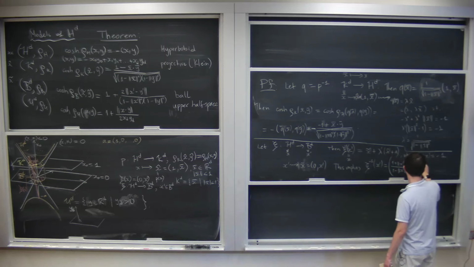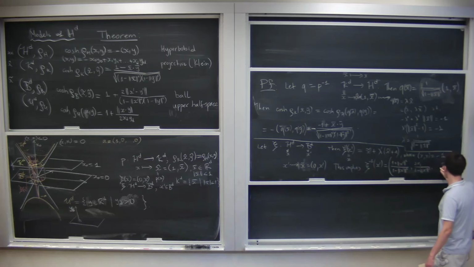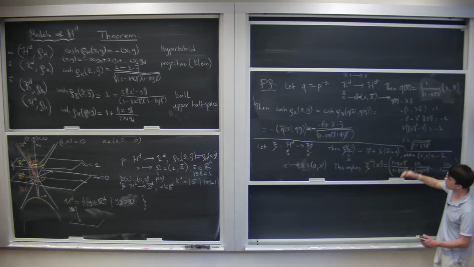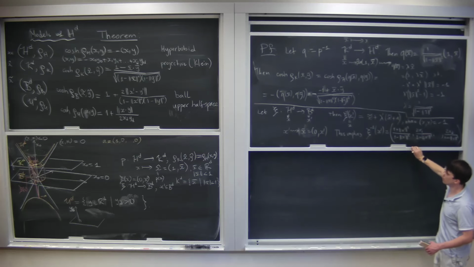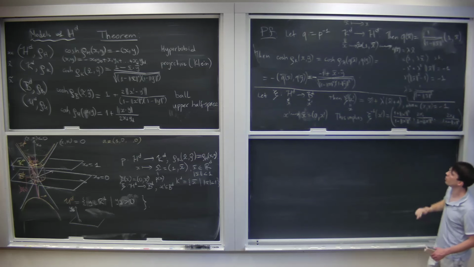And the other coordinates are just 2x1 over the same guy, and 2x d over the same 1 minus the Euclidean norm of x prime squared. So the formula for the inverse map is the same. Then it gives you the result for the hyperbolic metric.